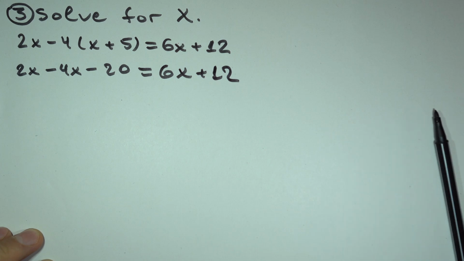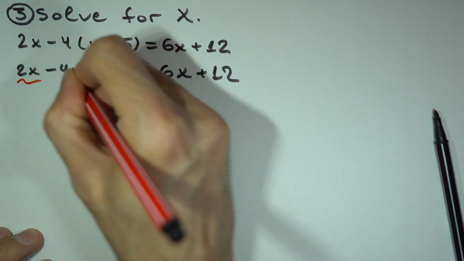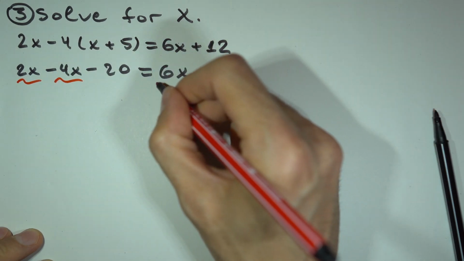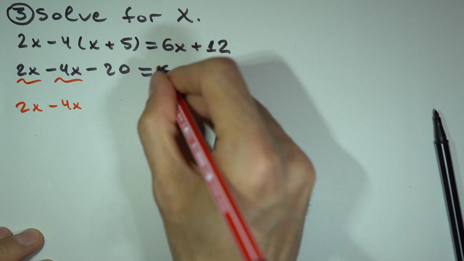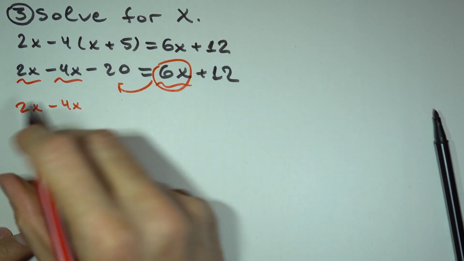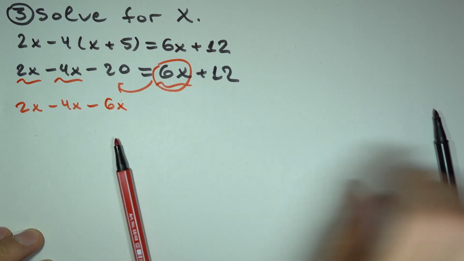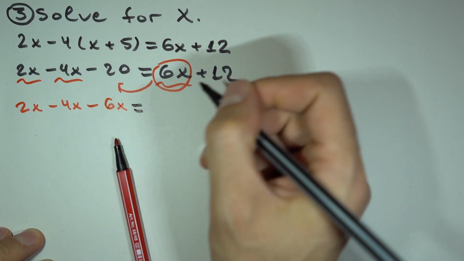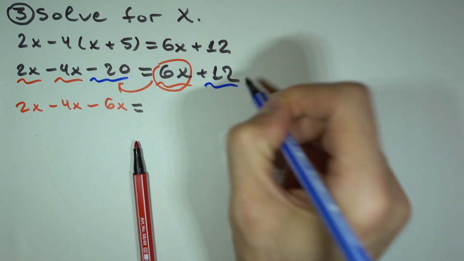Now we have to collect the unknown numbers and put them on one side of the equation. We have 2x, we have minus 4x, and we have 6x. So we have 2x minus 4x, and then we transfer the 6x to the left-hand side of the equation, and thus it becomes minus 6x. This equals the known numbers, which are minus 20 and plus 12.